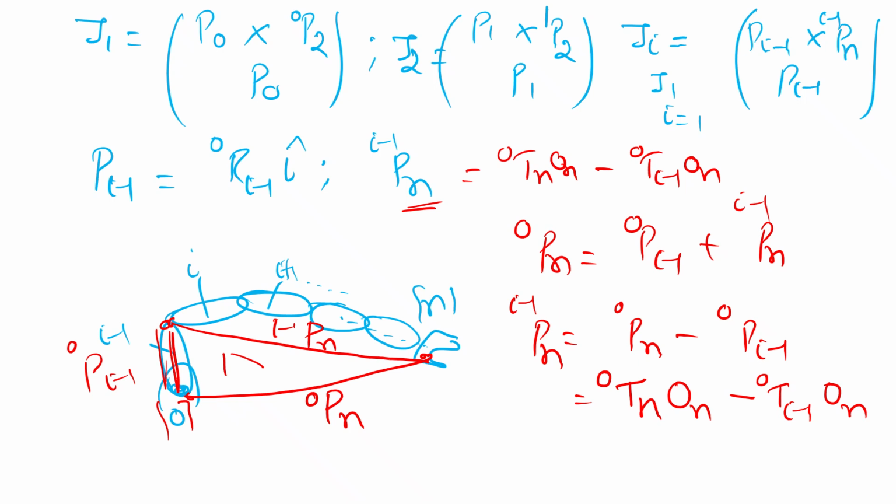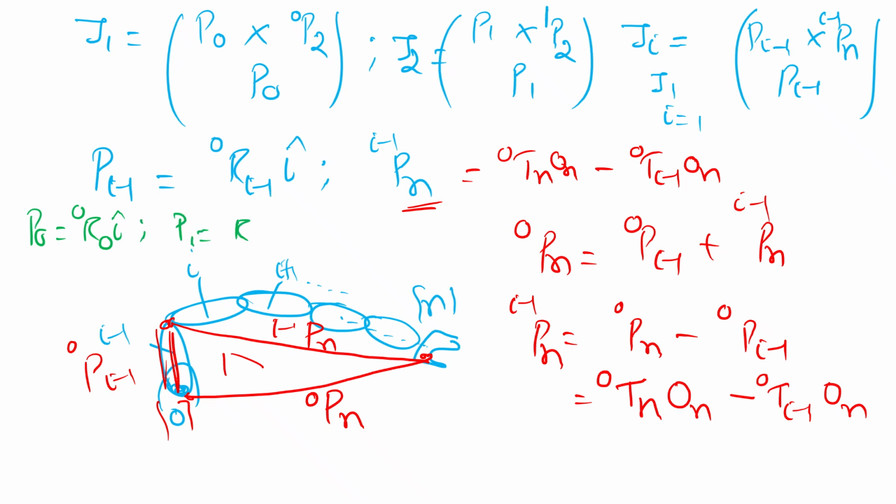Now what do we want? P0. What is the formula for P0? Substitute over here: R0,0 times the unit vector. Then what is P1?